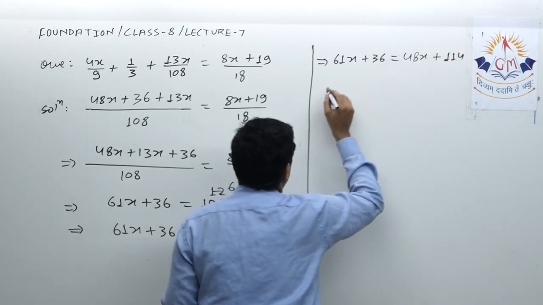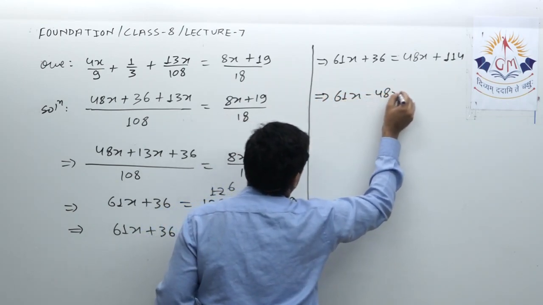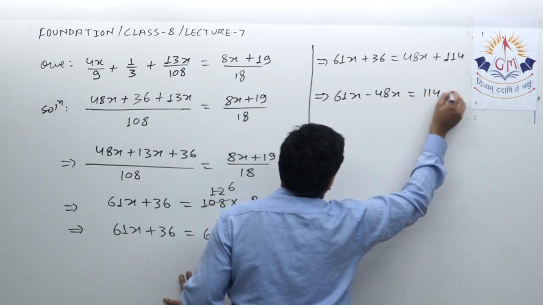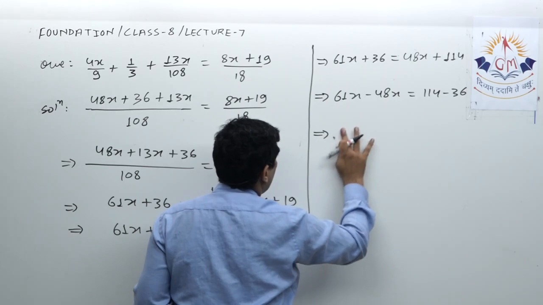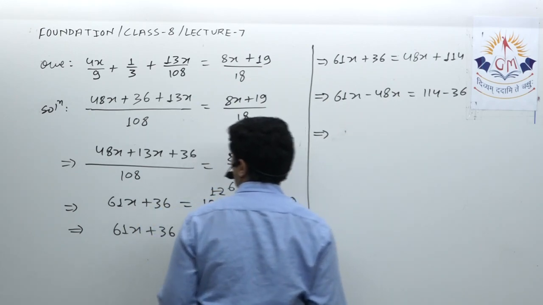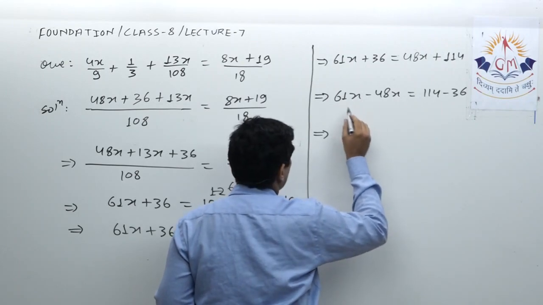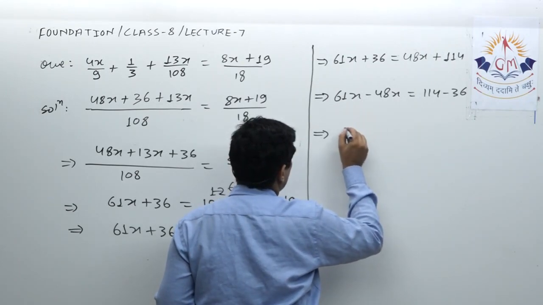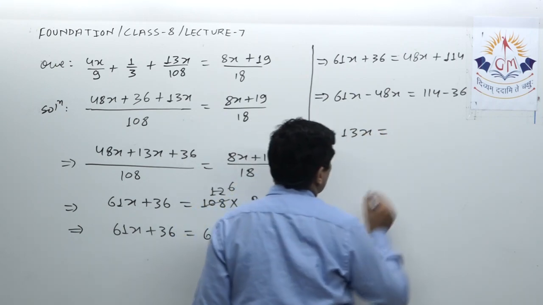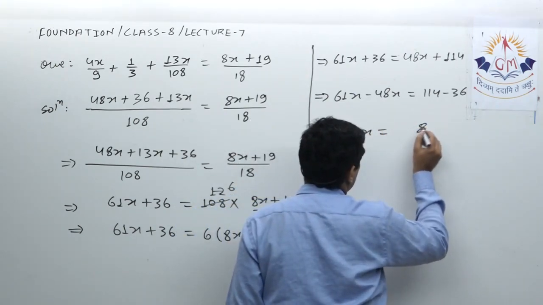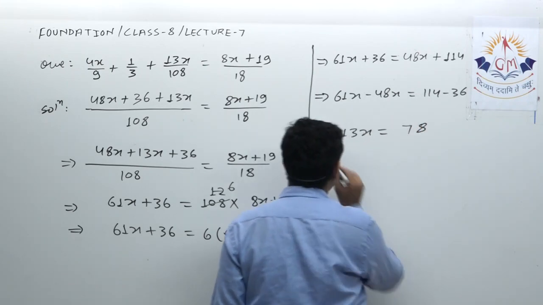So now I will take x on that side. 61x minus 48x is equal to 114 minus 36. So 61x minus 48x, it is 13x, is equal to 78.